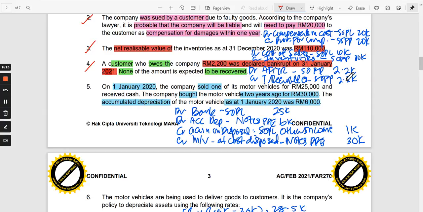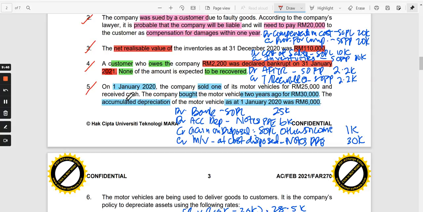Credit trade receivable in the SOFP, 2,200. So done with that, you will do the adjustment in SOFP, and you also need to check in certain questions if there is any adjustment to the impairment, right? In this question, none.